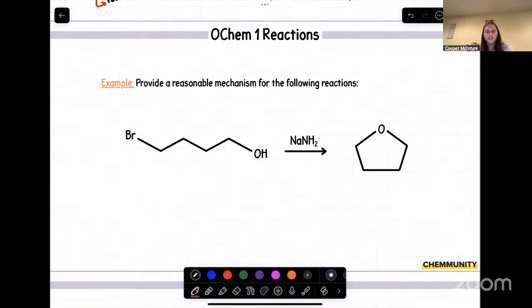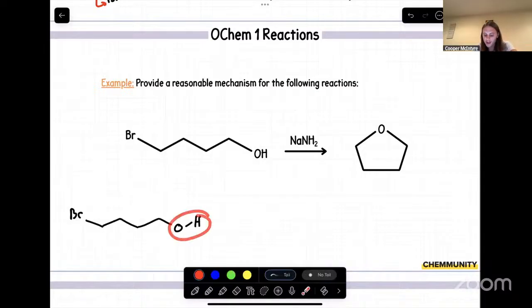But how did it act as a nucleophile? We can go ahead and draw everything out, get our long carbon chain. If we're looking at this, we see that we have an OH group, but we can't forget about what is above our arrows. We have sodium amide, NaNH2 right here.